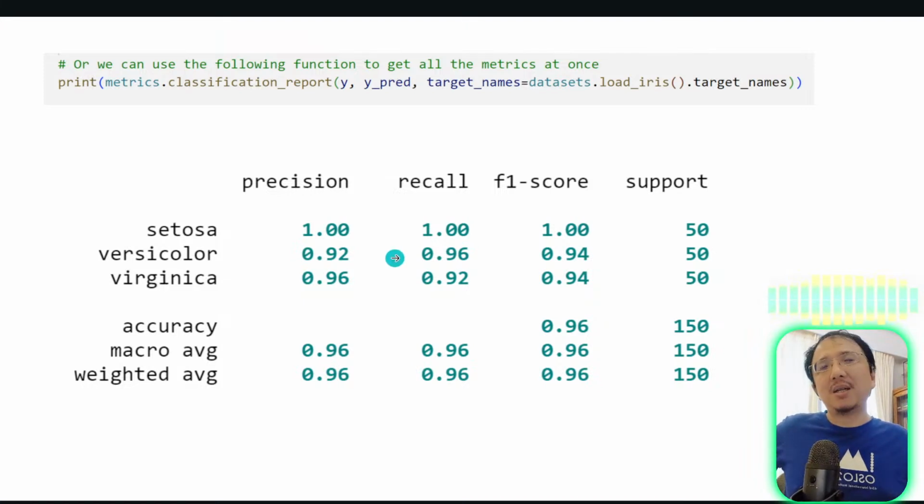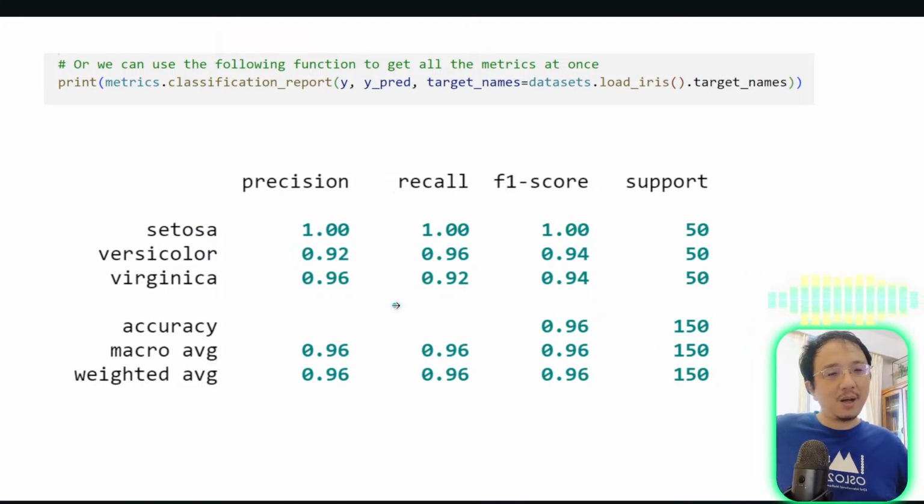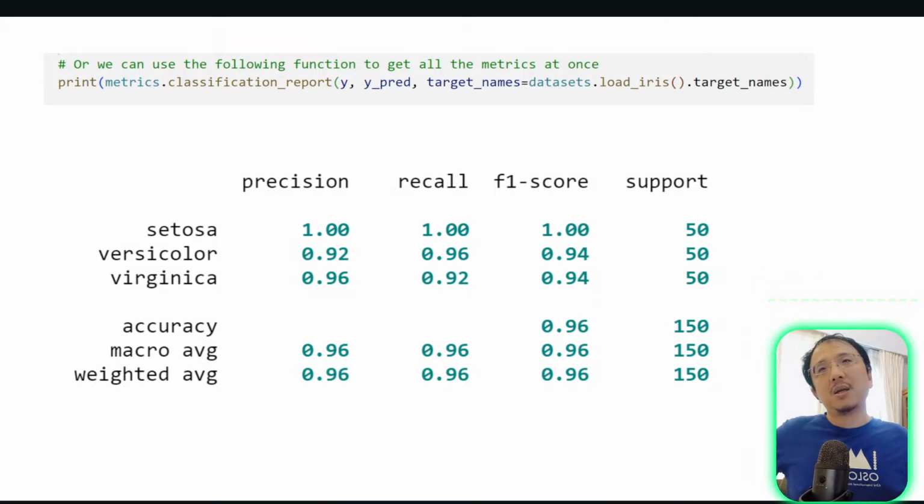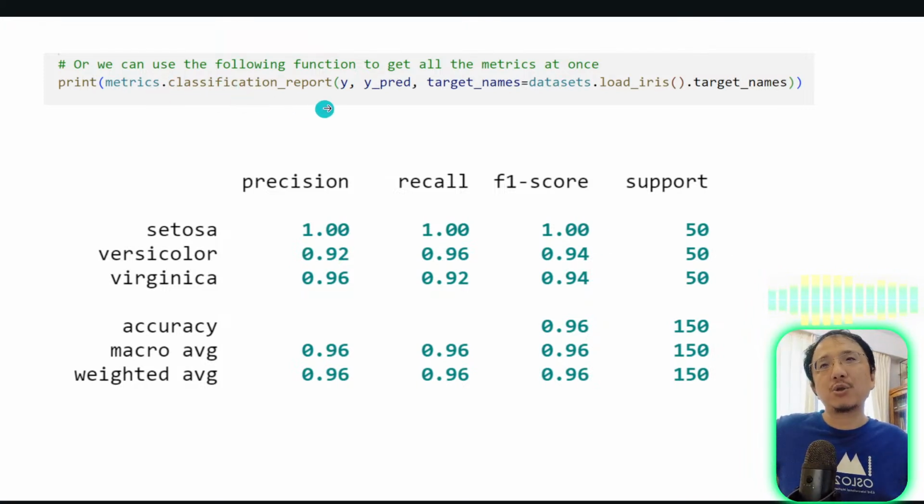By considering each class, we can actually generate a result that is more suitable for human intuition. By the way, we are using a function called classification_report, also available in Scikit-learn.